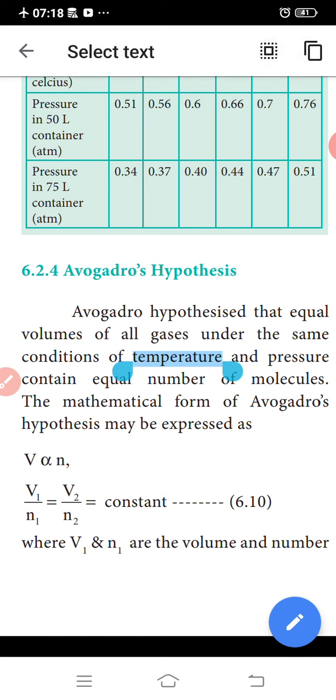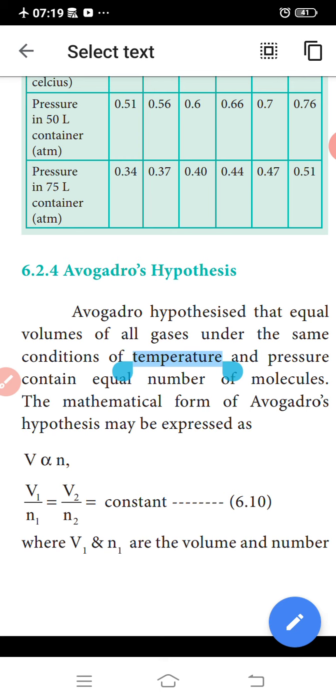The fourth one, Avogadro hypothesis: the volume is directly proportional to N, the number of moles. Volume is directly proportional to N.